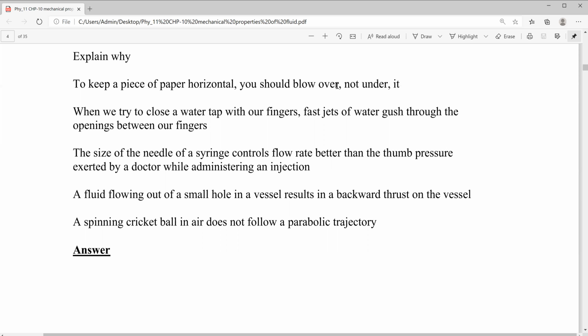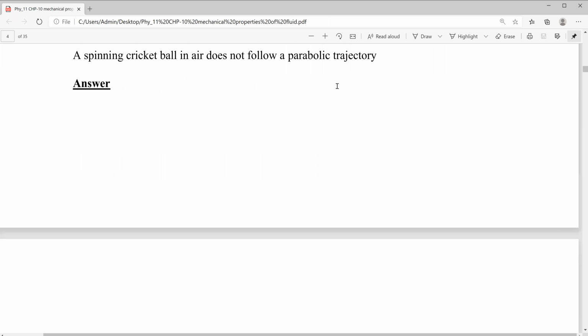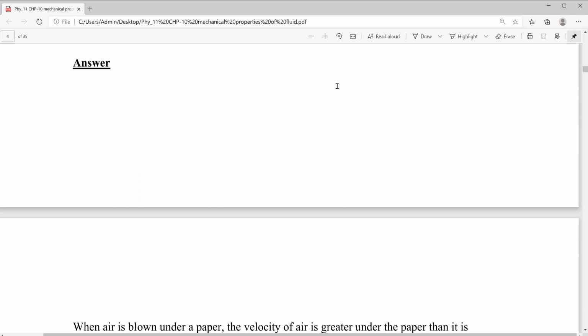Next, the size of the needle of a spray syringe controls flow rate better than the thumb pressure exerted by the doctor while administering an injection. Next, a fluid flowing out of a small hole in the vessel results in a backward thrust on the vessel. A spinning cricket ball in air does not follow a parabolic trajectory. Like this they ask; these are all theoretical questions, so try to answer yourself and check whether you are getting these answers.